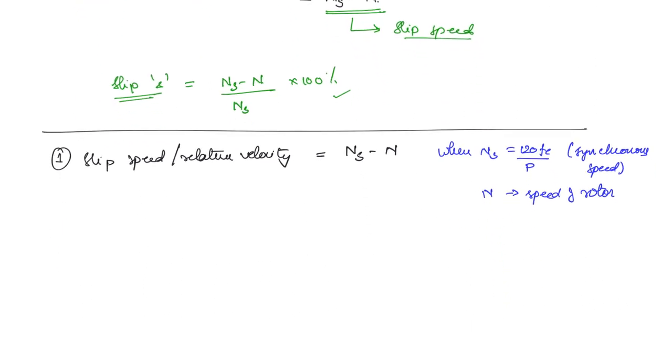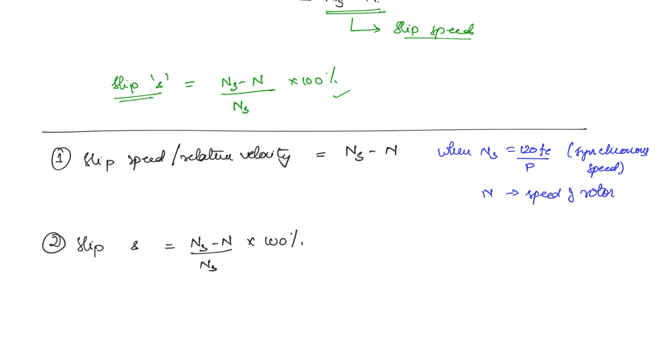And next is the slip. This is represented as S. This is given by ns minus n, slip speed as a percentage of the synchronous speed.